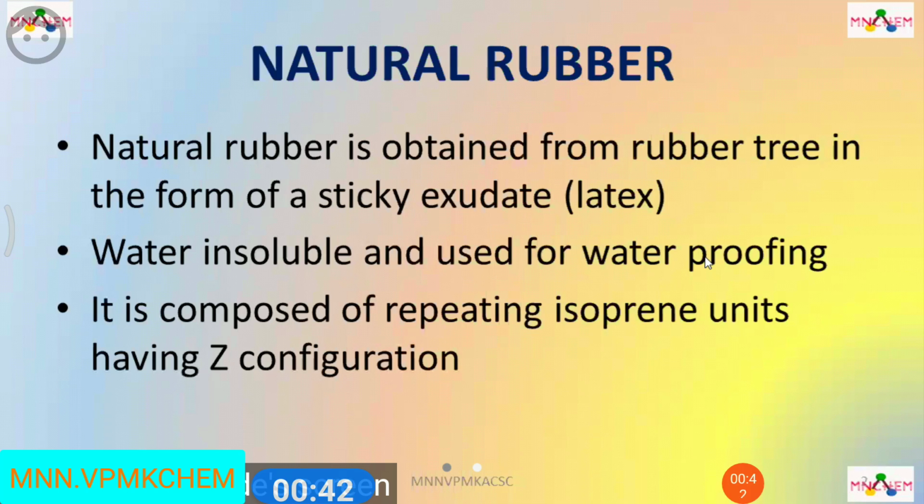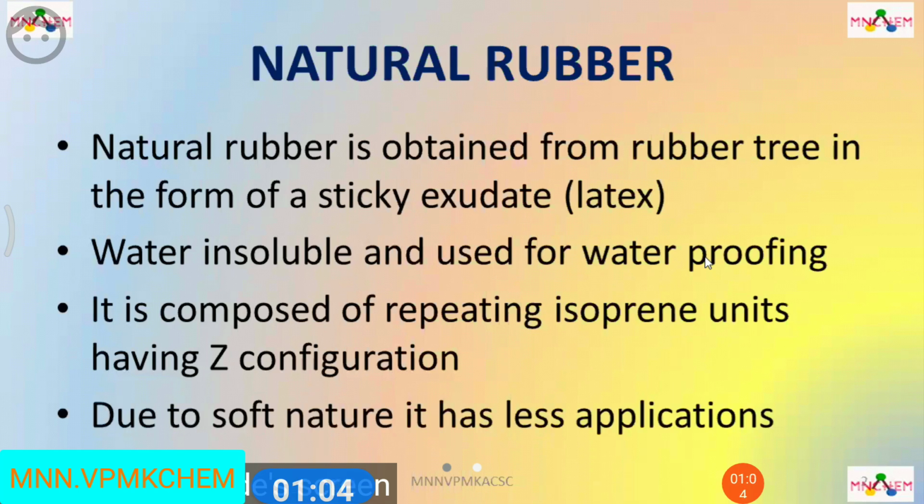When we look at the structure of natural rubber, we can find a monomeric unit called isoprene present in the polymeric chain of natural rubber. And all those isoprene units have Z configuration in the structure of natural rubber.